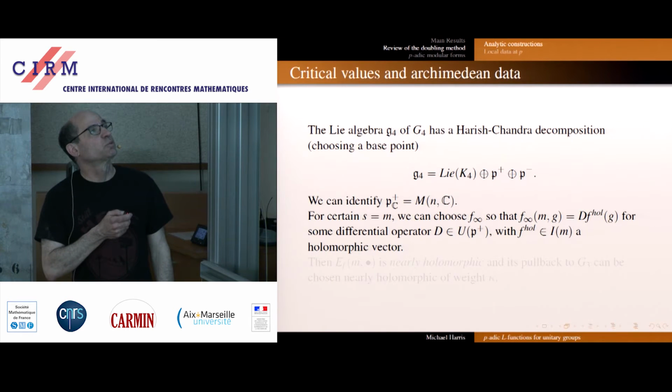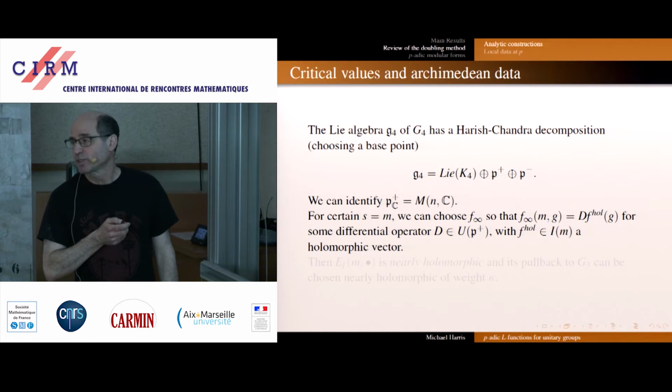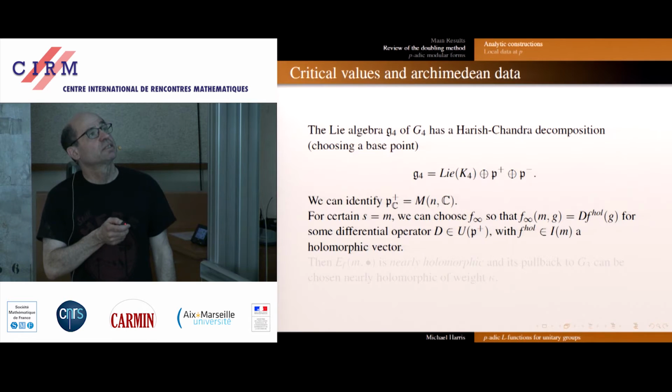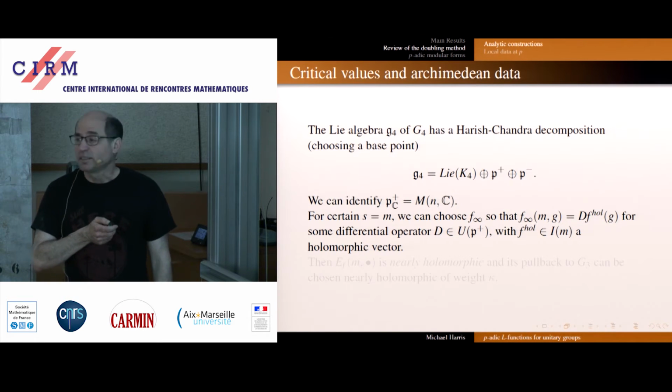So then the Lie algebra of this G4 is a direct sum of three pieces. K4 is a maximal compact subgroup times the center. P plus is the holomorphic tangent space at the fixed point of this maximal compact subgroup in the Hermitian symmetric space attached to the group, and P minus is the anti-holomorphic subspace.